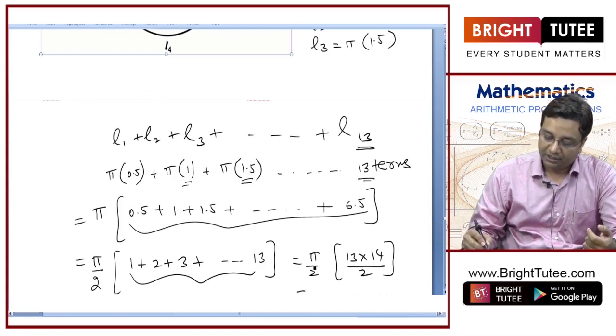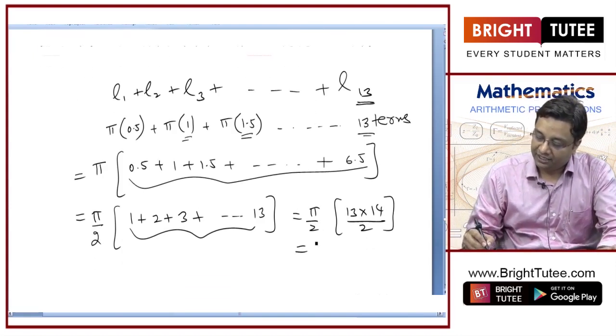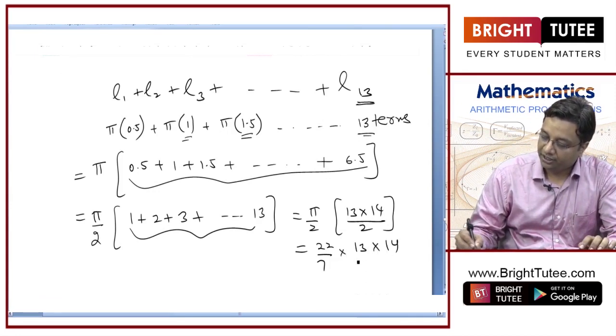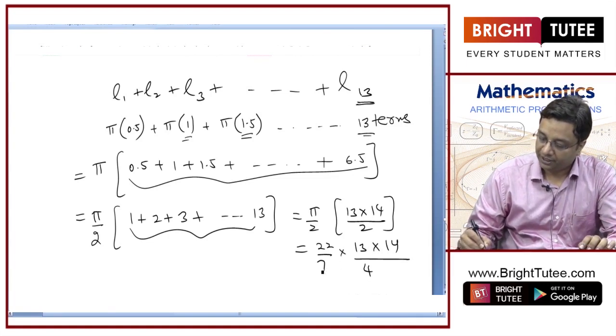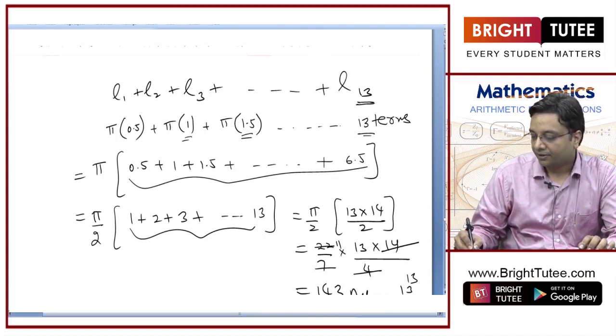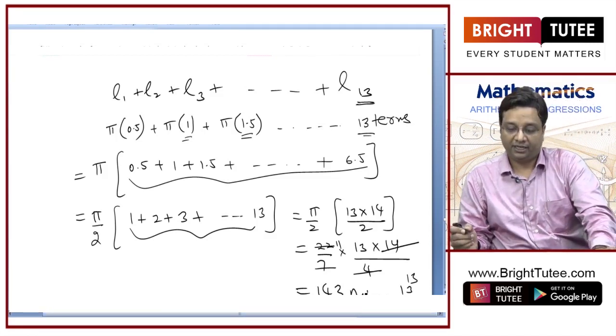So now if I take the value of pi as 22 by 7, then I can write it as 13 into 14 by 4. So this will give me 11 into 13, which is 143. So this is my final answer.